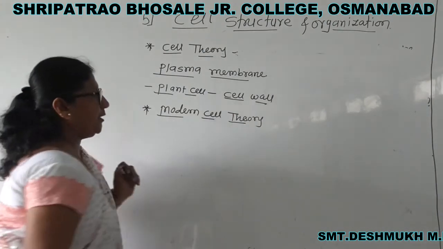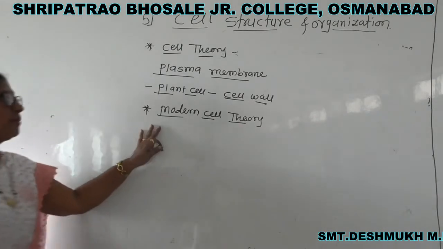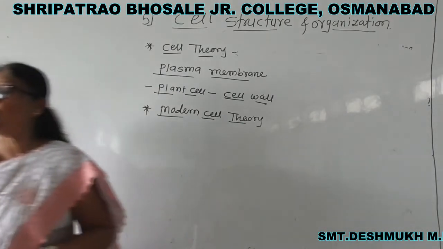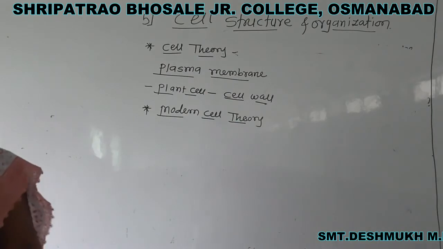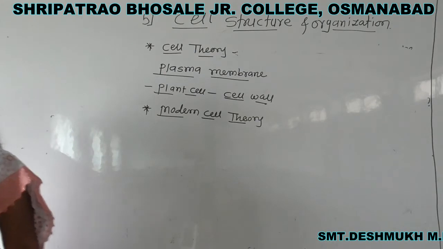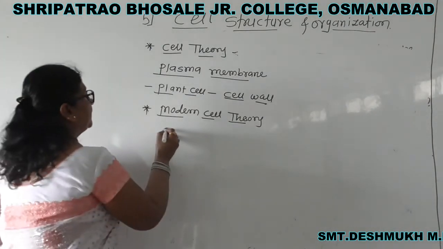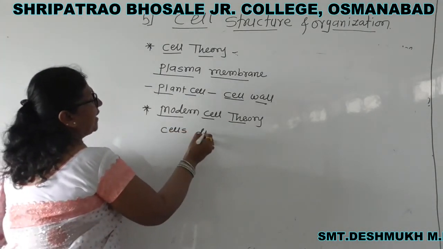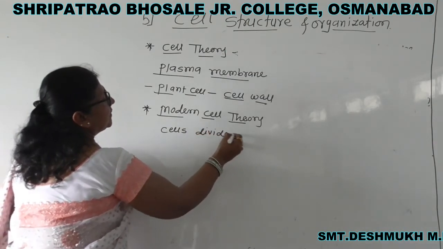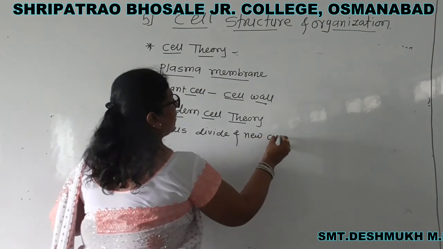Modern cell theory was discovered by Rudolf Virchow in 1855.